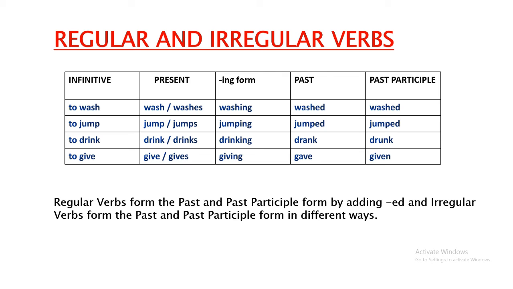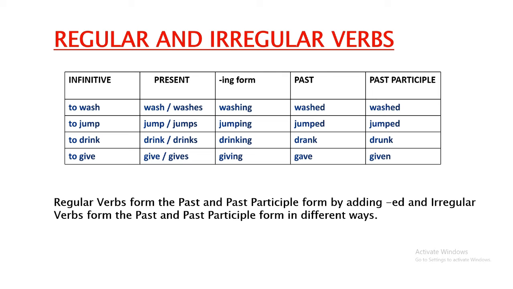Verbs which form the past and past participle by adding ed are called regular verbs. So the first two verbs are regular verbs. Verbs which form the past and past participle form in different ways are called irregular verbs. So last two verbs are irregular verbs.